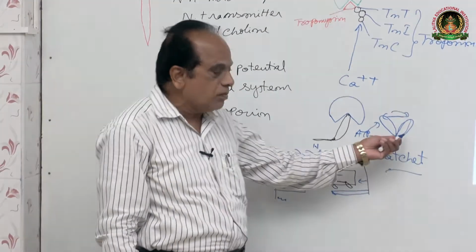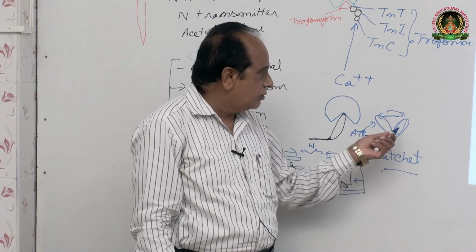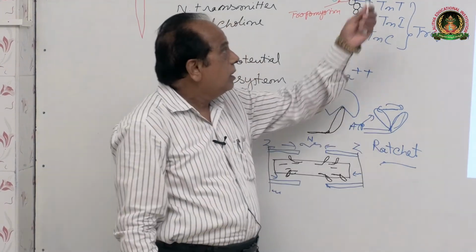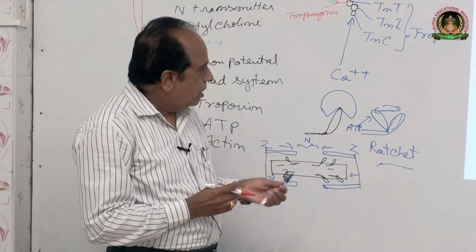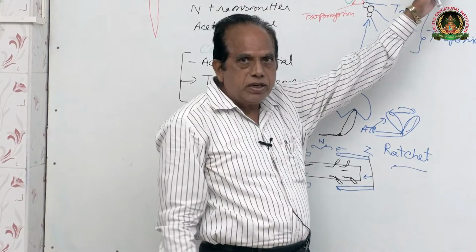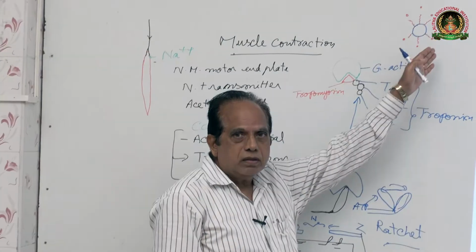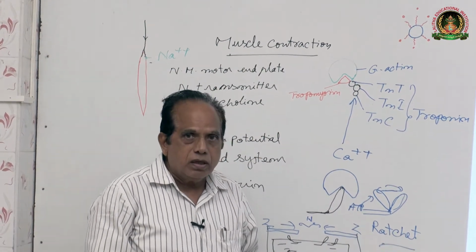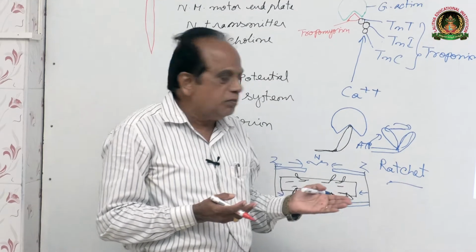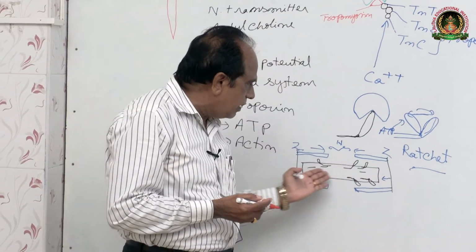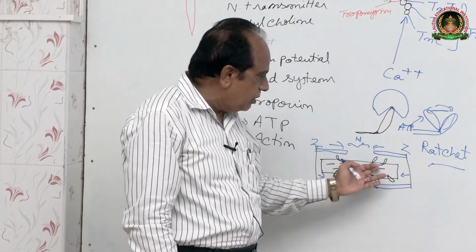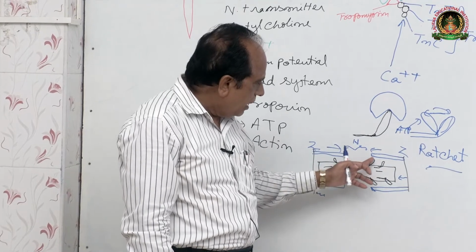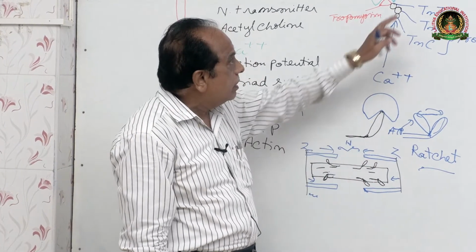Cross bridges are formed by the heads, and of course, the head and the neck together form the cross bridge. They are nothing but the components of the myosin protein. 2 types of proteins are there within the myosin, heavy meromyosin and light meromyosin. Light meromyosin forms the main body of the myosin filament, and these are the heavy meromyosin.